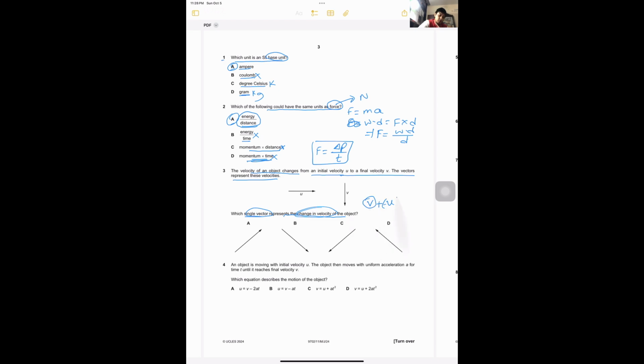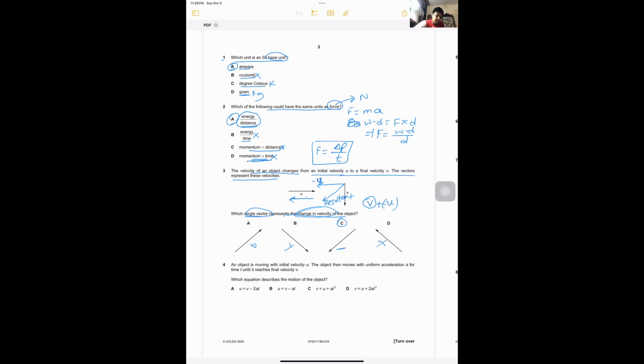This is u, so minus u would be in this direction. If we place this over here, the resultant is this, right? And I can see that only this diagram is the same. These are wrong, so the answer is C.